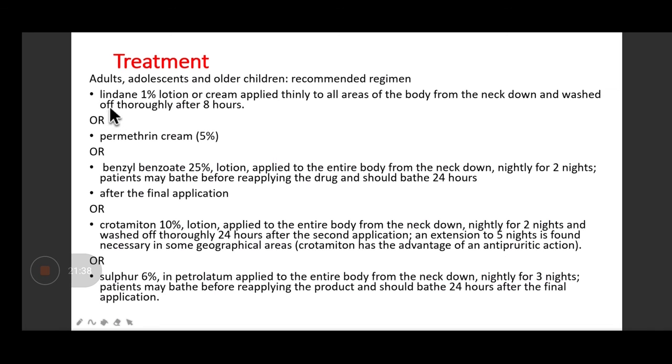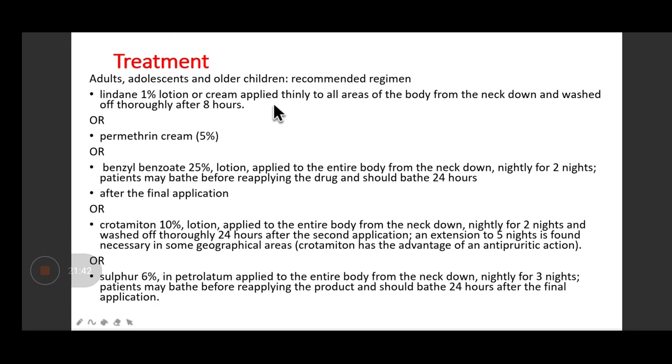Since it is spread by contact, we have to treat the whole body. And if it is there in the family, then not only the person who has the infection, but the other family members also have to be treated.